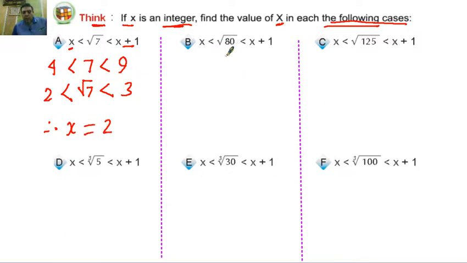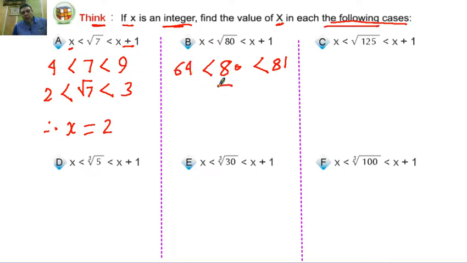In this question we have 80. We choose two numbers: one is less than 80 and a perfect square, and the other is greater than 80 and a perfect square. The number greater than 80 is 81. The number less than 80 and perfect is 64.